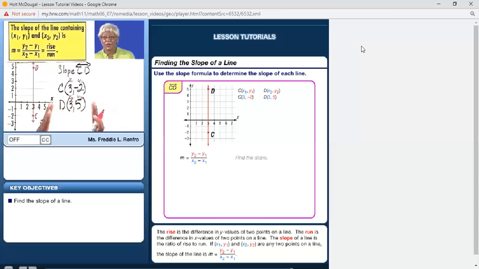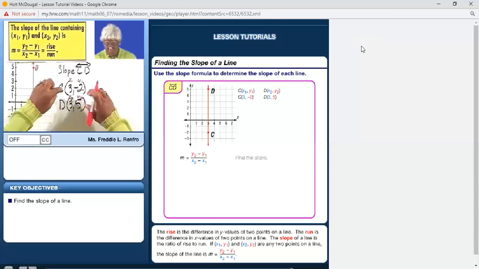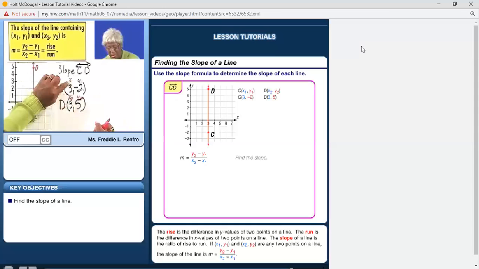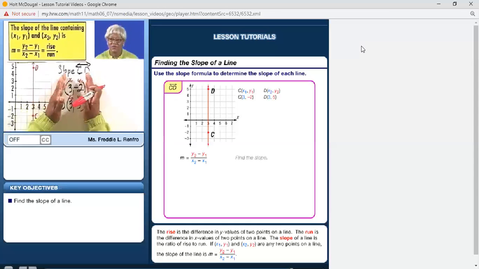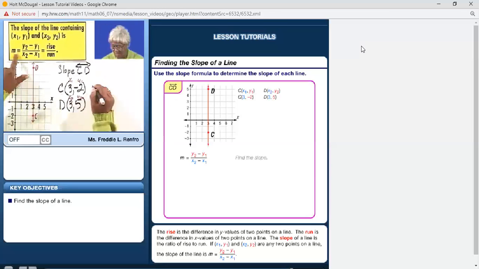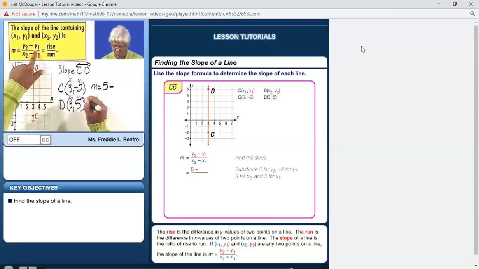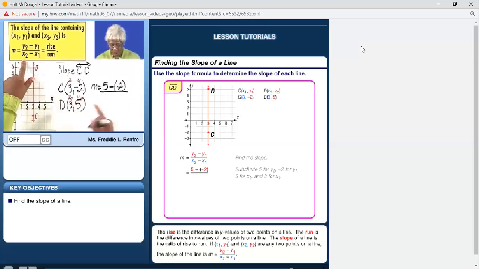This is something I want you to remember. When you're identifying the ordered pairs, if this is going to be the x1, y1, make sure these are x2, y2. You can't go x1, y2. These have to be the 1s, and these have to be the 2s. Now let's go to our formula. The slope is equal to y2, which is 5, minus y1, which is a negative 2, over x2, which is 3, minus 3.